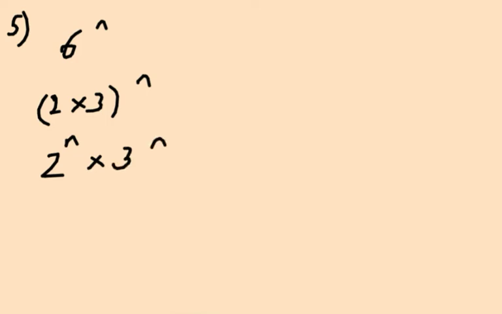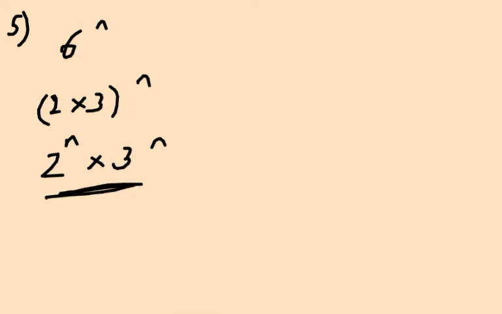Fifth one, check whether 6 raised to n can end with digit 0 for any natural number n. So 6 raised to n can be written as 2 into 3, the whole raised to n. When we expand it, we get 2 raised to n into 3 raised to n. Now this is the most important part of the question.